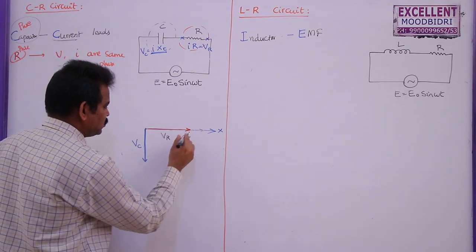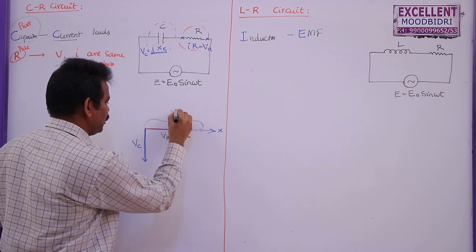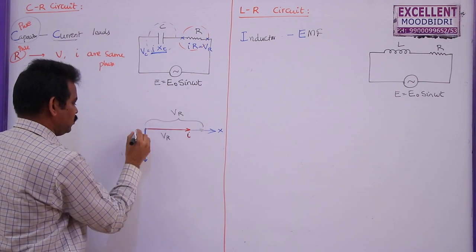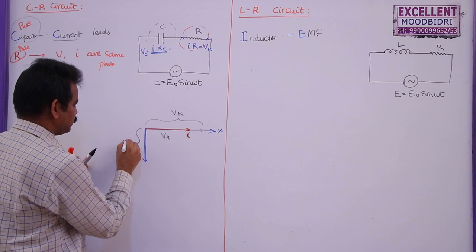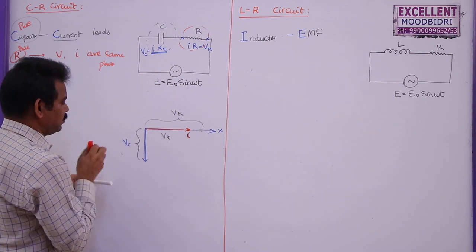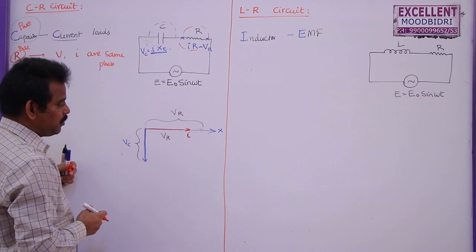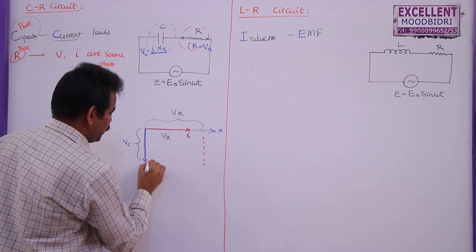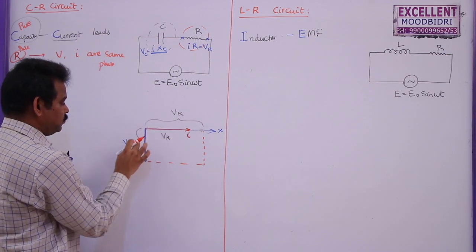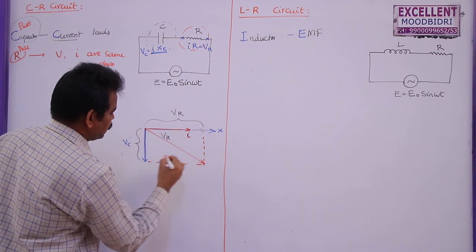The resultant voltage: from here to here, this is VR. From here to here, this is VC. The resultant of these two vectors can be determined by using the parallelogram law of vector addition. So complete that parallelogram, and the resultant of these two vectors acting from the same point will be represented by the diagonal drawn from the same point.